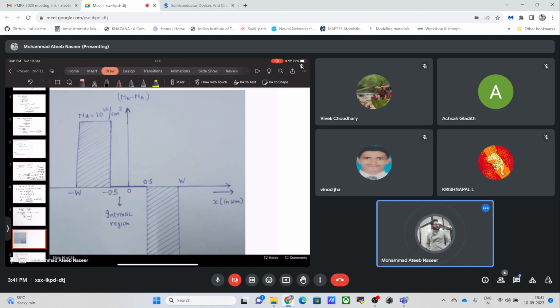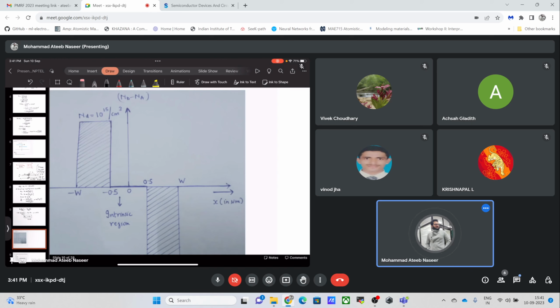Okay, I think there is no answer from you. So this y-axis is ND minus NA. Whenever it is positive, it means that there is doping where we have used donor atoms as external agents for enhancing the n-type concentration.